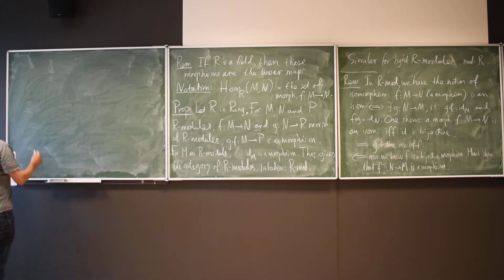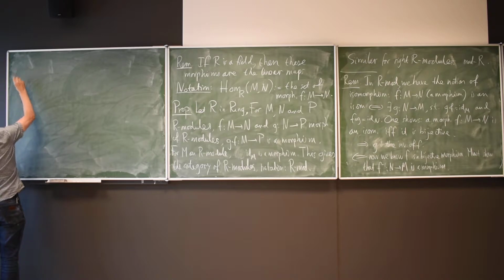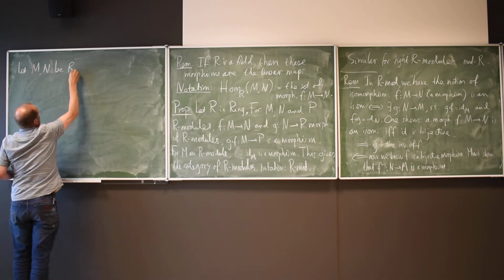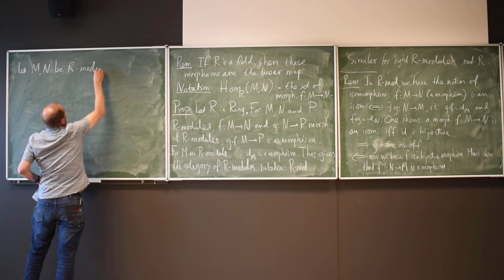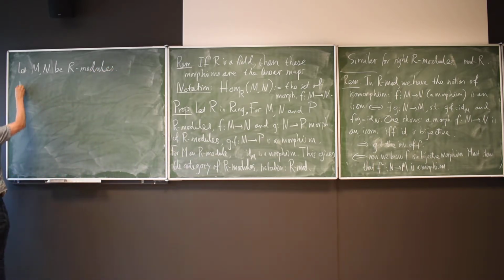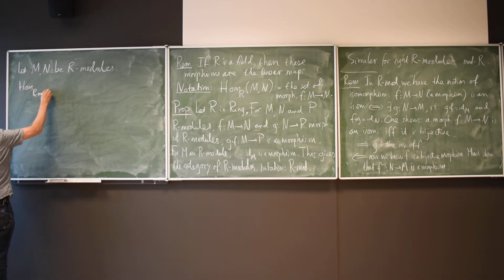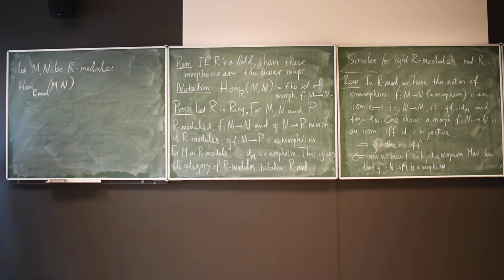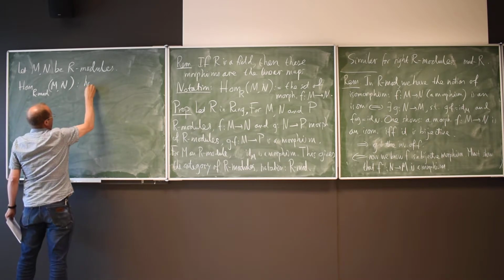So, as Arno has shown, let M and N be R modules. Then we have this set, Hom R-mod of M, N, right? And this has extra structure.